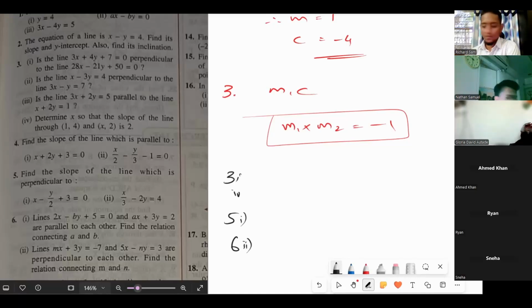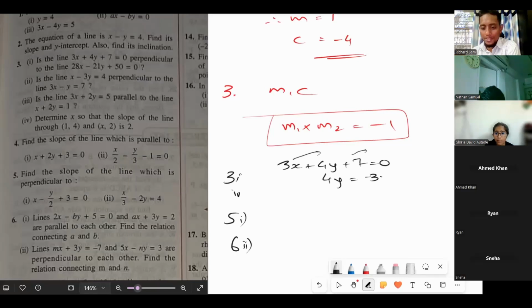See, 3-1, you have to convert this line into the y-intercept form, right? So 3x plus 4y plus 7 is equal to 0. How do you convert it into the y-intercept form? Make y the subject. So 4y is equal to, take 3x and 7 to the other side, so you'll get minus 3x minus 7.